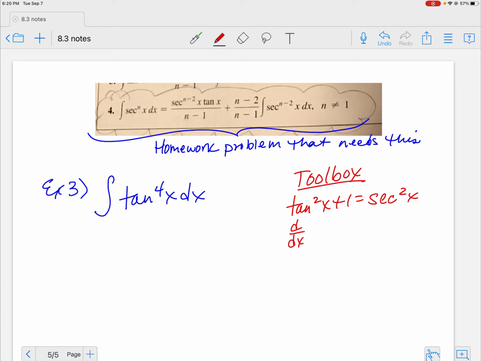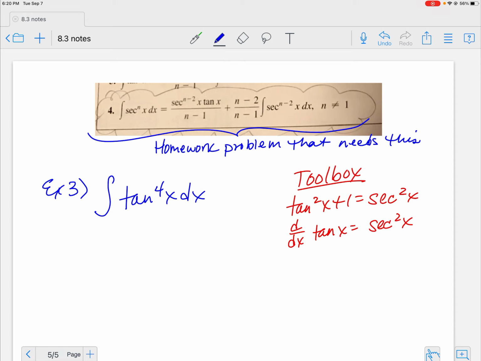We know that the derivative of tangent is also secant squared, right? So it looks to me, whenever I'm talking in terms of tangent, I need an even exponent because I'm coming out here with secant squared. Okay, let's do this thing.